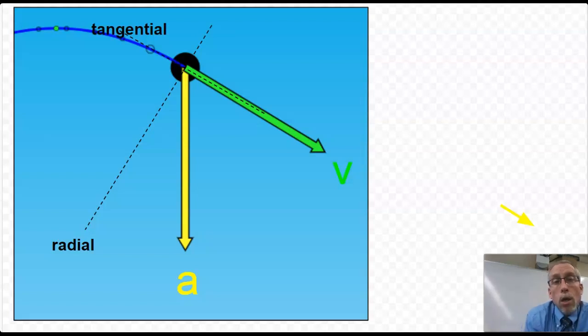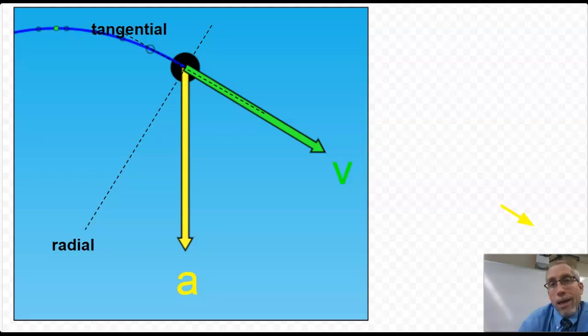The direction that goes along the line of the motion, or the velocity vector, is called the tangential direction, because it's actually tangent to the path or the curve that's being made by the object, in this case the projectile. The other direction we call the radial direction, or it's sometimes referred to as the centripetal direction, but we'll just use the word radial. So our components will be referred to as tangential and radial components.